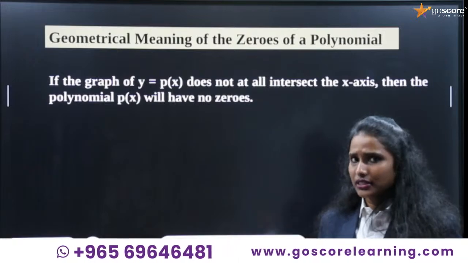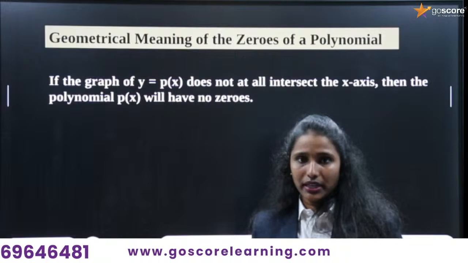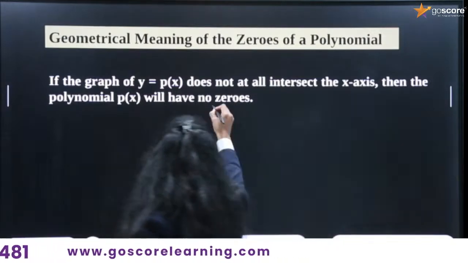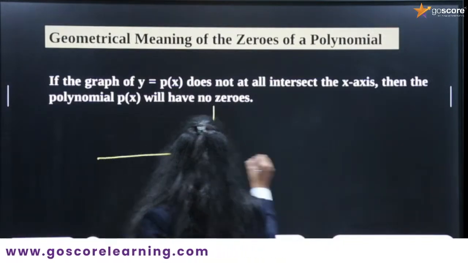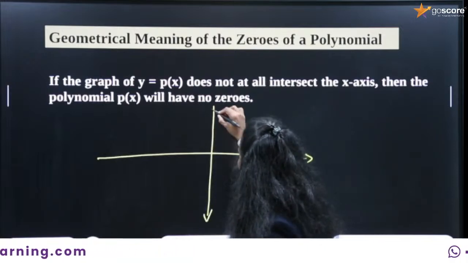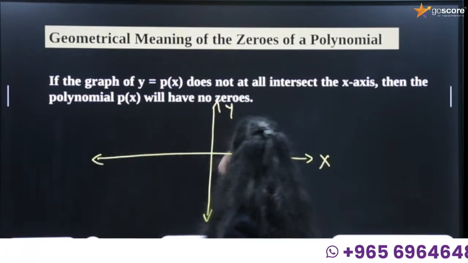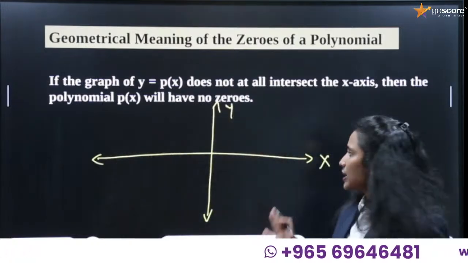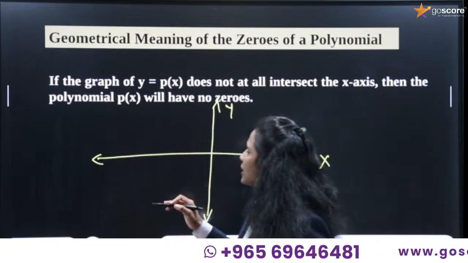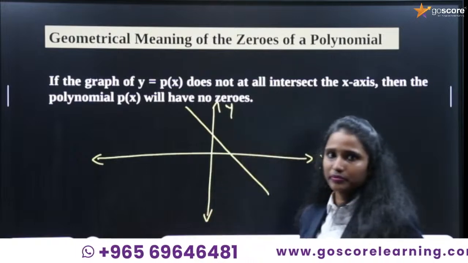Remember this thing. Whenever we are drawing a graph of our polynomial, I am drawing a graph. Our y-axis, our x-axis. Okay, x and y. And we are drawing a line, which is a linear polynomial, it will be a line.